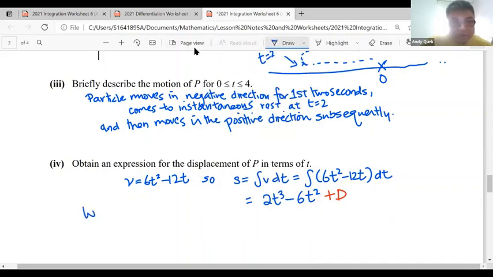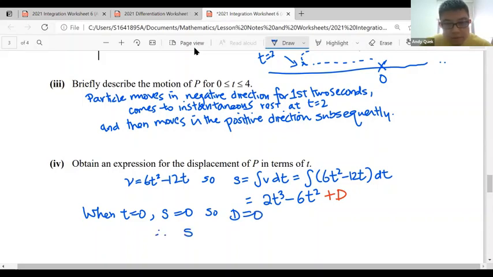Please note that even though your arbitrary constants are 0, the working is required, right? So the same thing happens here when t is 0, s is 0 in this case. So displacement is equal to this.